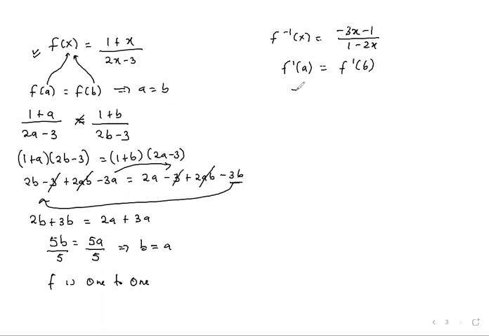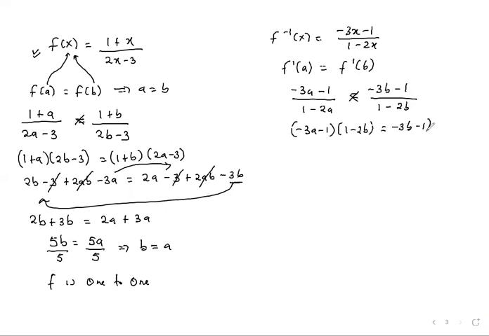So we have (-3a - 1)/(1 - 2a) is equal to (-3b - 1)/(1 - 2b). And then cross multiply, we get (-3a - 1) multiplied by (1 - 2b) is equal to (-3b - 1) multiplied by (1 - 2a).